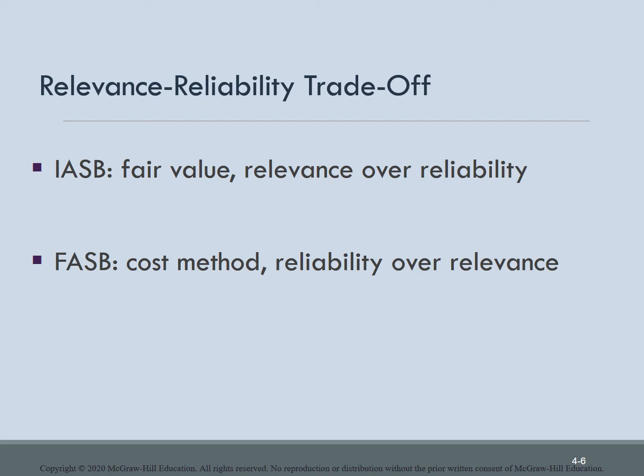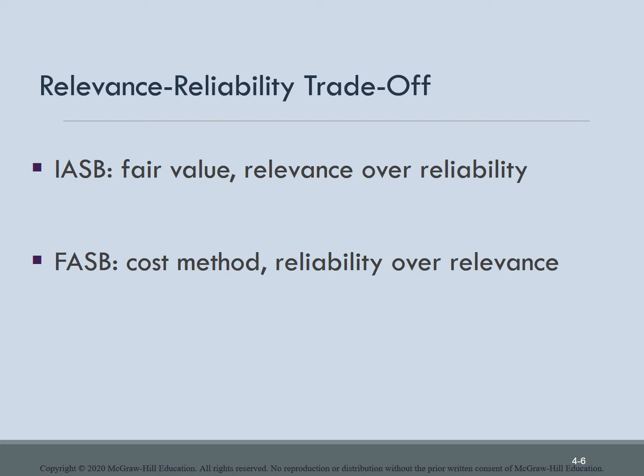So when we were talking about fair value, we mentioned that there is a relevance and reliability trade-off when it comes to measuring with fair value versus historical cost. Relevance, we know, is a concept out of the conceptual framework that basically means the information would make a difference to a financial statement user.